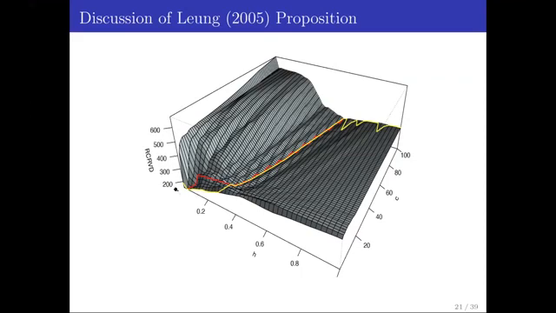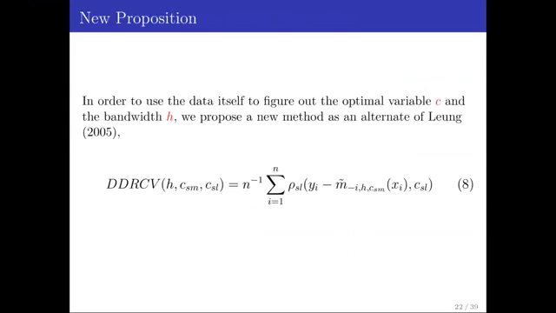And at the left corner, we have the optimal RCV. So this plot just shows you that different combinations of h and c result in different RCVs. Based on that, we thought it's quite necessary to free all the variables related to c and find all the variables at the same time. And that's the reason we propose our statement, which is a little different from Leung 2005, because we free the two variables CSM and CSL.